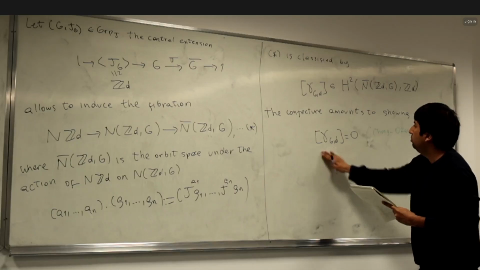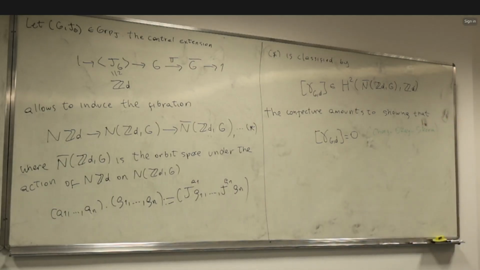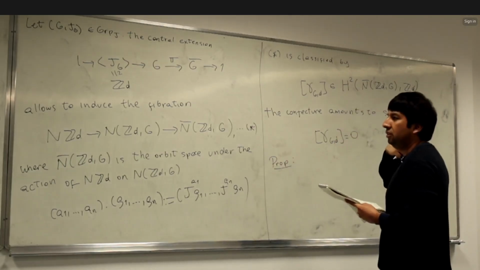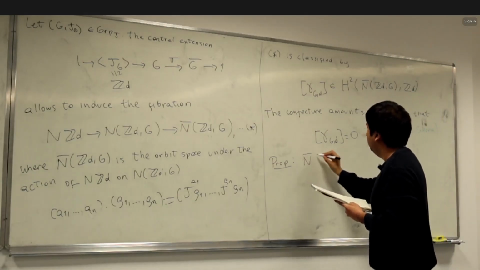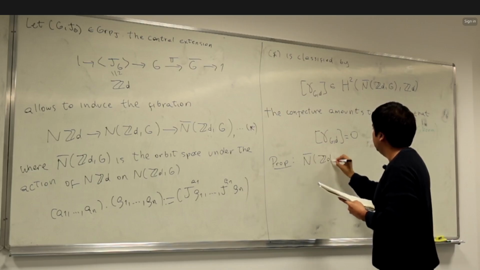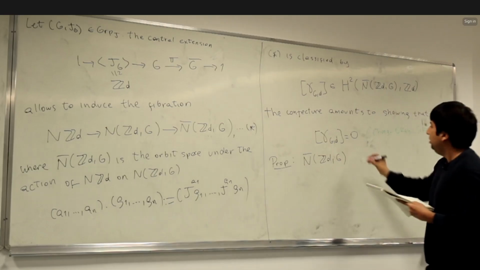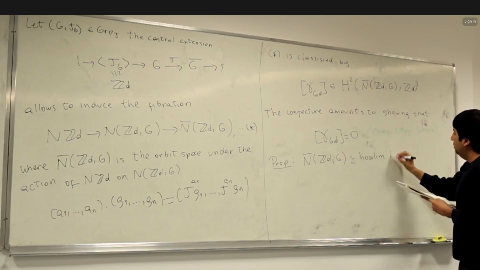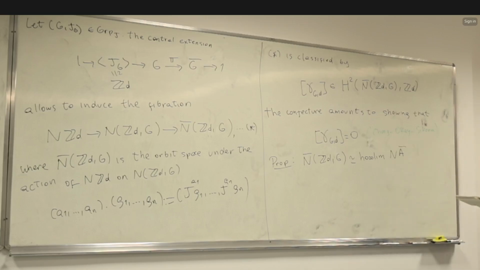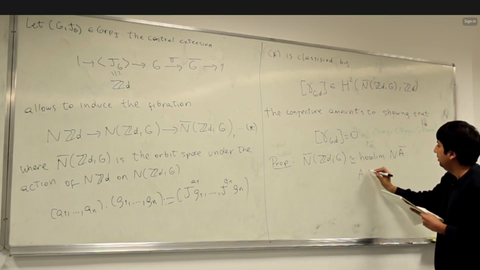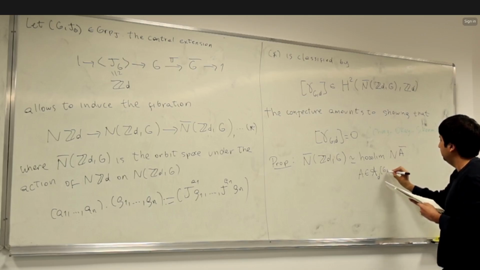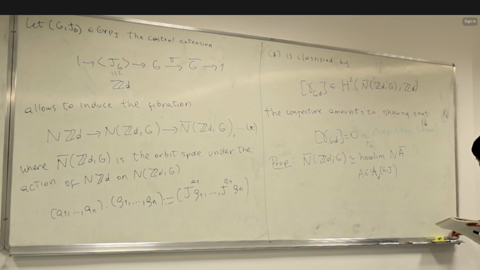Now, to make some progress towards the conjecture, we will exploit the homotopy structure of these simplicial sets. In particular, this simplicial set M bar Z mod d G is homotopy equivalent to the homotopy limit of these nerves, where A is a group in this poset. I will explain what this is.